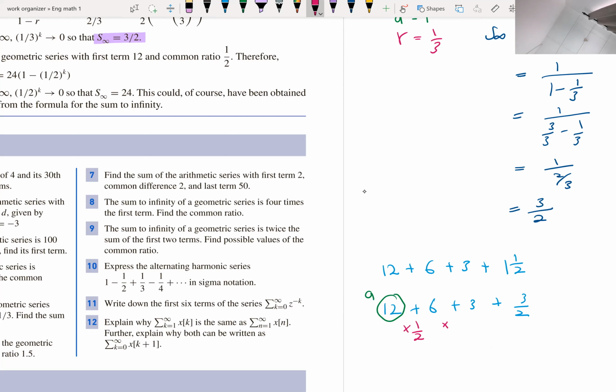We must remember this in terms of ratio. So R is 1 over 2.